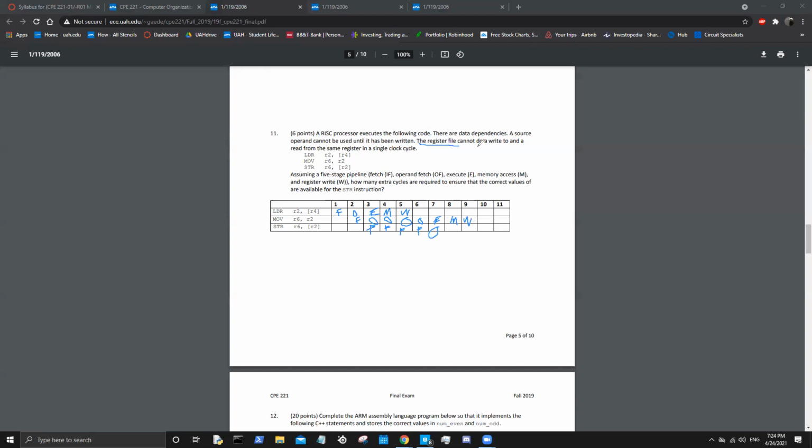This line is very important because I'm pretty sure it takes away store's special privileges, because in this instance, we have to keep doing operand fetches until the write is complete, where we can then do an execute, and then a mem and a write here.